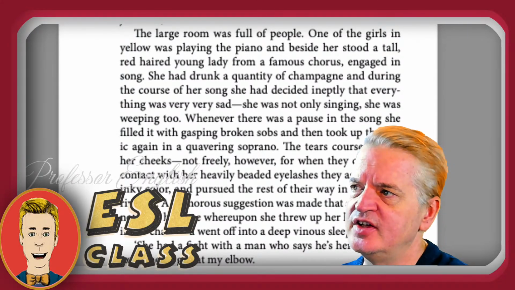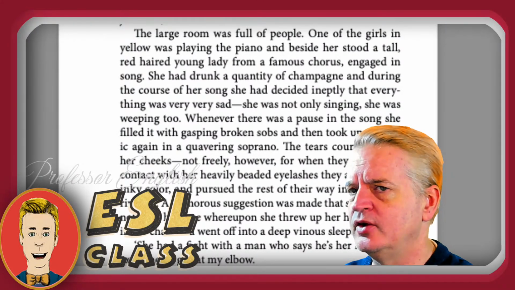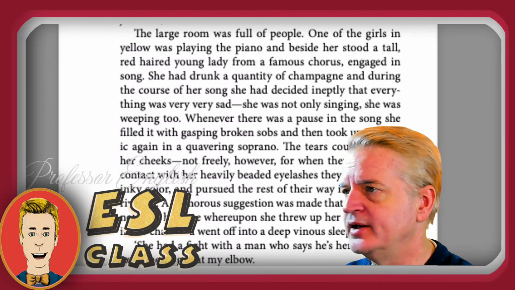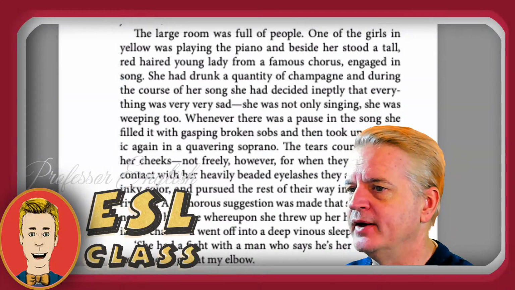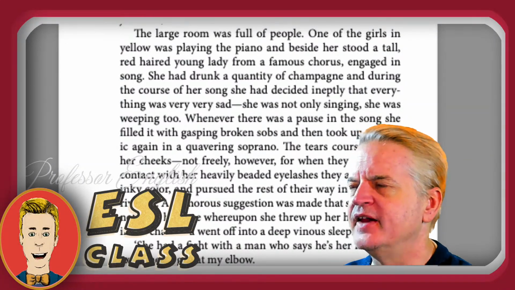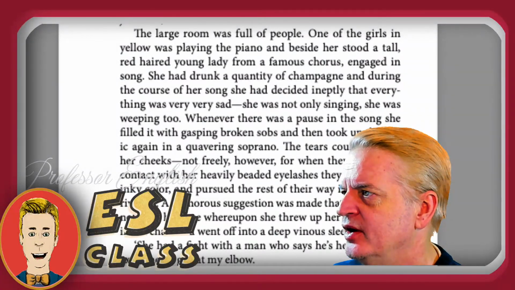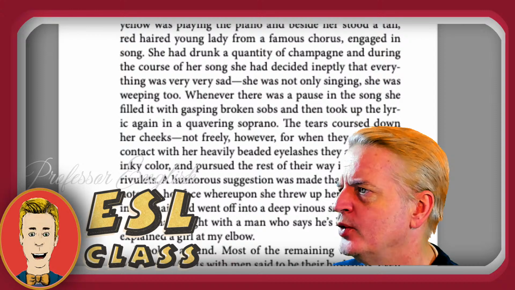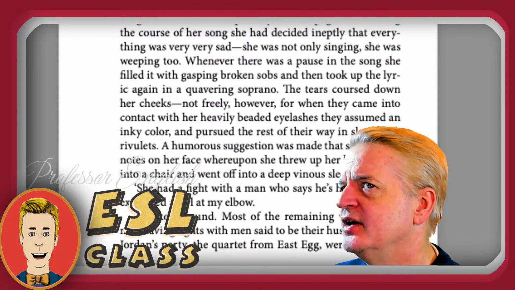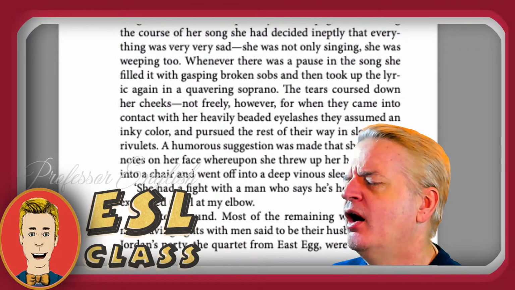She was not only singing, she was weeping too. Weeping is a type of crying, loud crying. Whenever there was a pause in the song, she filled it with gasping, broken sobs. Sobbing, again, is a type of crying.